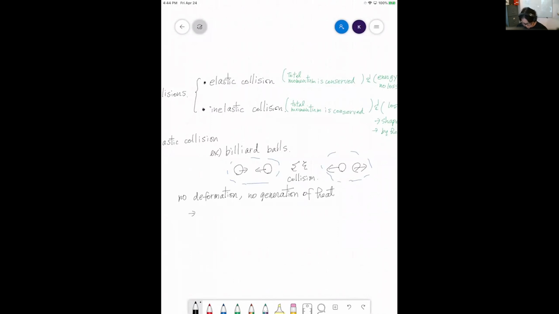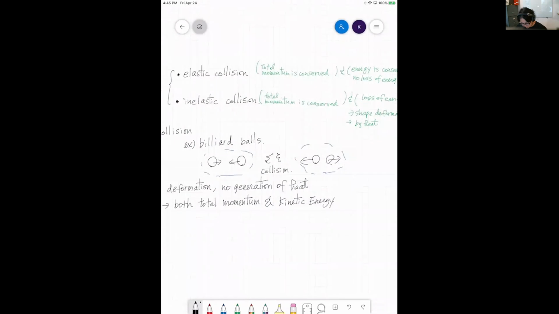So in this case, both total momentum and kinetic energy are both conserved, before and after a collision.